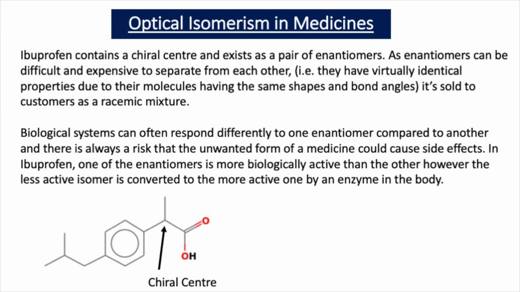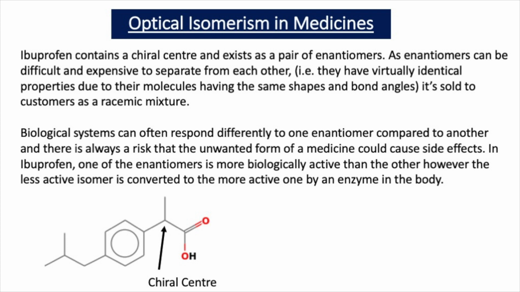Now, biological systems can often respond differently to one enantiomer compared to another, and there's always a risk that the unwanted form of a medicine could cause side effects. Ibuprofen has a pair of enantiomers, and one of the enantiomers is more biologically active than the other.